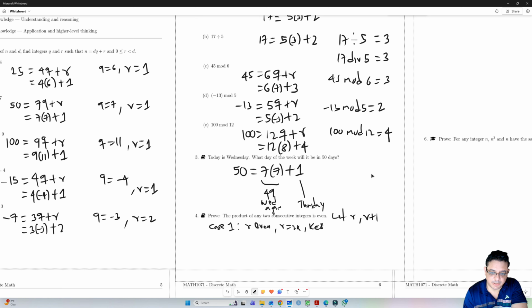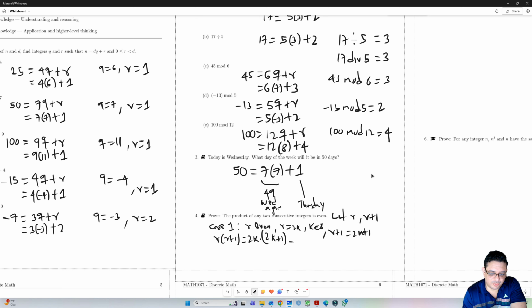Right? And so if r is that, then r plus 1 is just going to be 2k plus 1. And so notice that when I do the multiplication of r times r plus 1, we're really doing 2k times 2k plus 1.